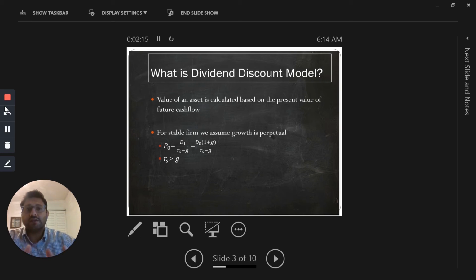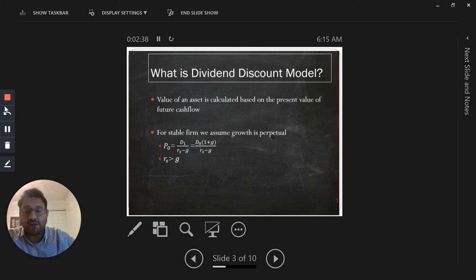Now the company is considered a going concern, so it might remain there for 200 years, 300 years, 400 years, and maybe for the rest of the life until we have the end of the world. So how can we find the present value of all these infinite dividends? It's almost impossible.